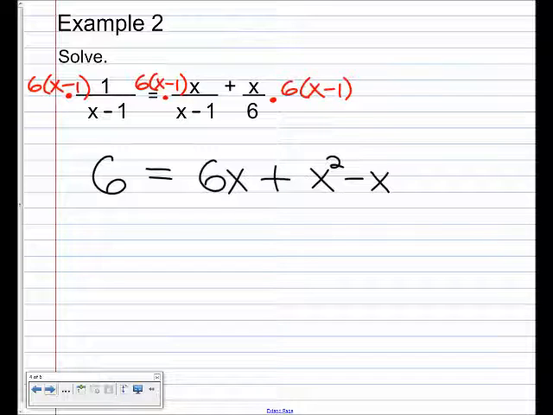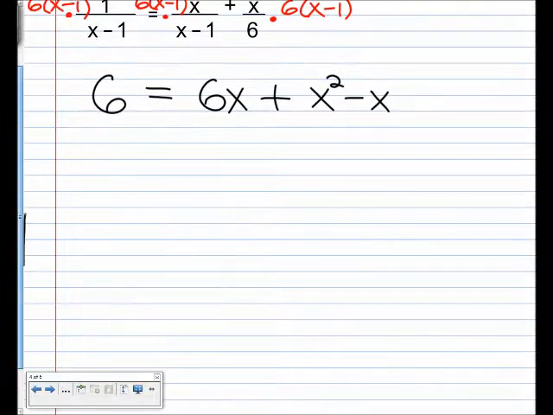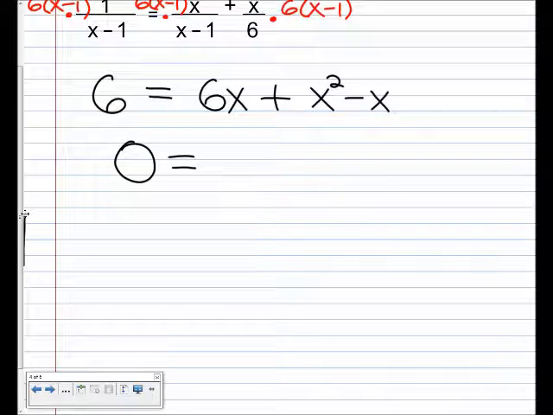Factor. And if I want to factor, what should I do before I factor? Very good. Set equal to 0 and get everything to one side. So if I set it equal to 0 and move this 6 over, what does it become over there? Negative 6. I've got my x squared. And what about my 6x minus x? So plus 5x.